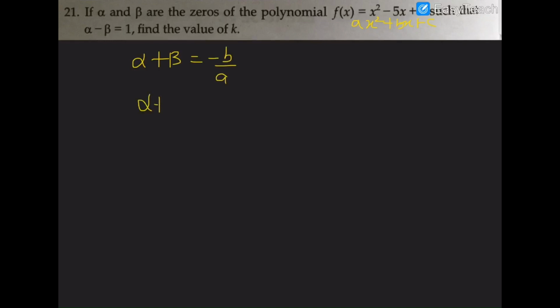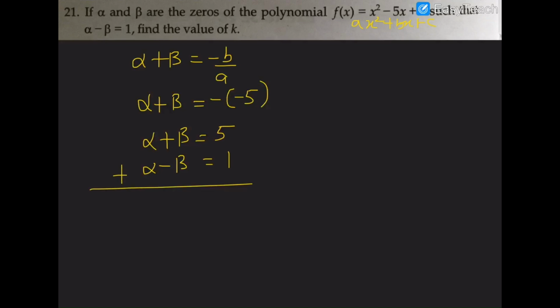So alpha plus beta is minus of minus 5, which is 5. Correct. So alpha plus beta is 5 and alpha minus beta is 1. So by adding both the equations, what will you get? 2 alpha is equal to 6 and alpha is equal to 3. If alpha is equal to 3, then beta is 2.